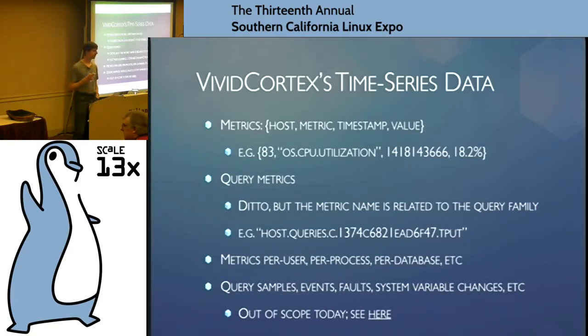So as I mentioned, on a host we measure things as metric, timestamp, and value. And there's lots of metrics that are the standard things that you think about, like CPU, I/O, disk space, network, that kind of stuff. Those are a relatively small number of metrics. They're static. You know they exist in advance.